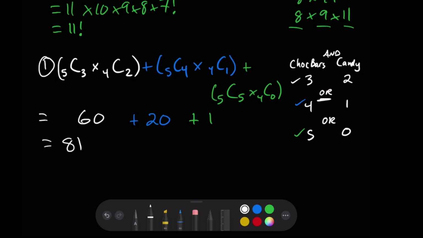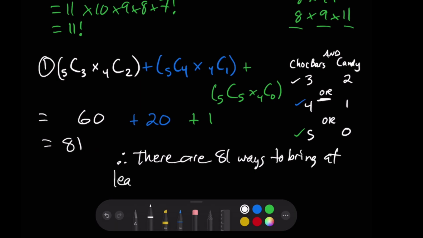So we had to think about all our possible options, calculate the different outcomes for each option basically using our counting rules that we've learned previously, and then adding them all up to get 81. So therefore, there are 81 ways to bring at least 3 chocolate bars.